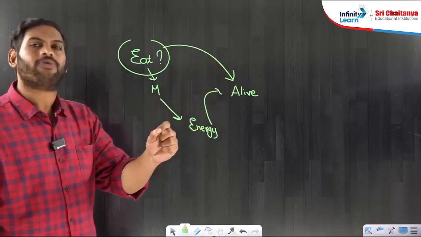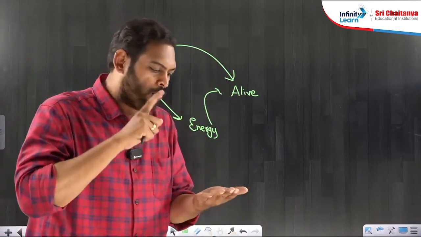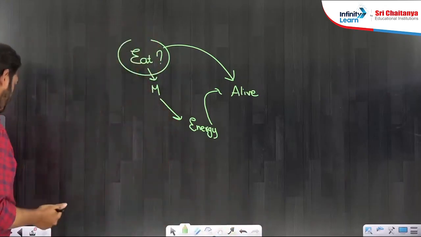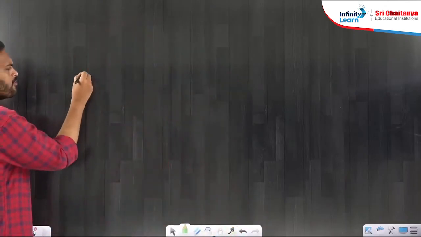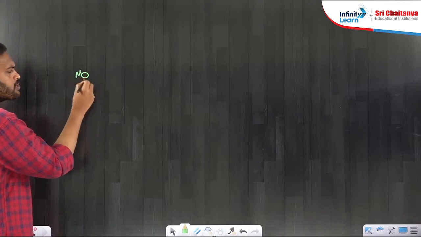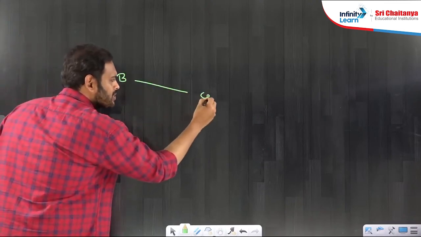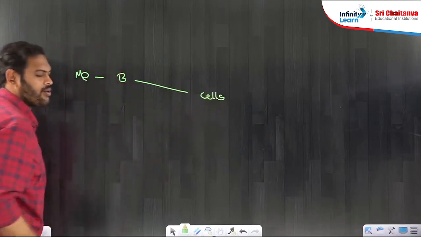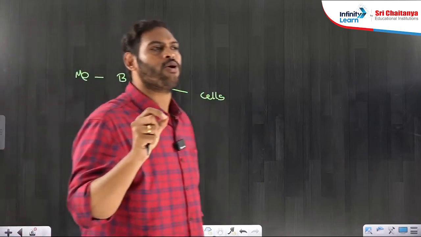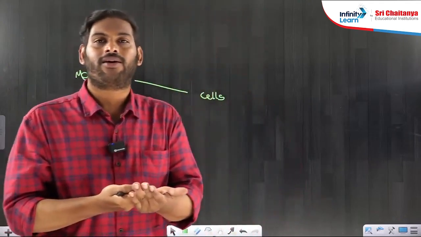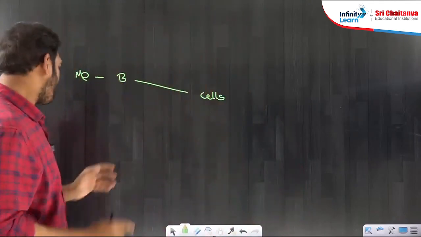Now, the basic question was, how does this happen? Very simple. When you eat, these food molecules will be mixed in the blood supply and they may reach your cells. But that is not enough. There is a very crucial point here.